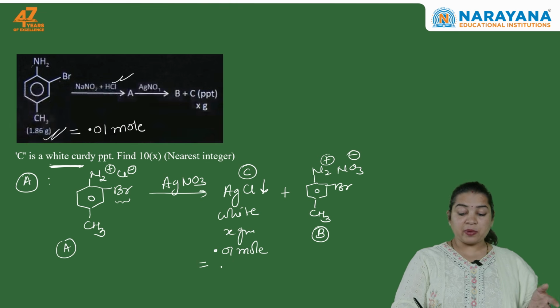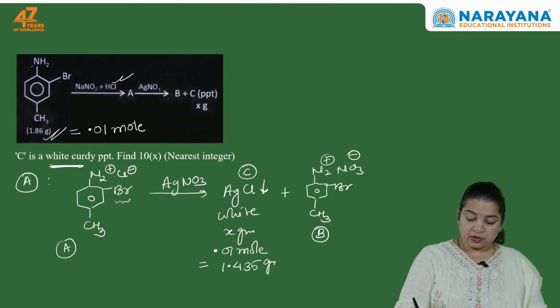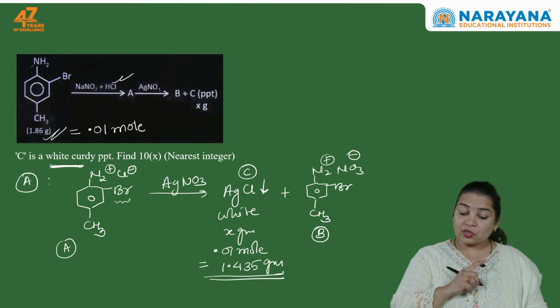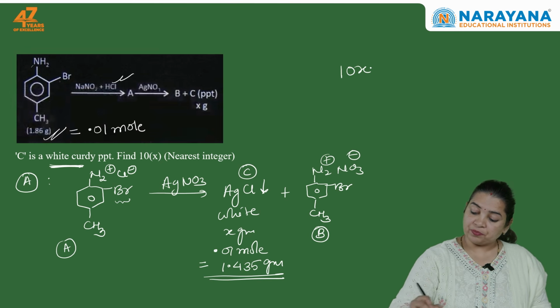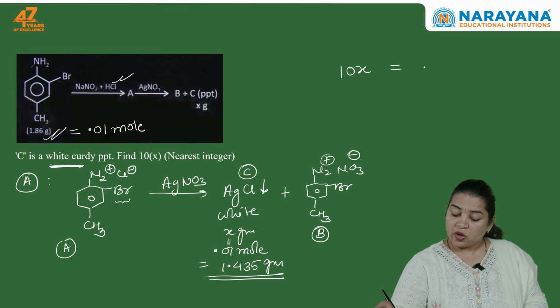Okay, so if this is the mole, what is the mass obtained? AgCl is 108 plus 35.5, so 143.5 grams per mole, and 1.435 grams of AgCl is obtained. But the question asks to mark your answer as 10x. So 10x value is 14.35 grams.